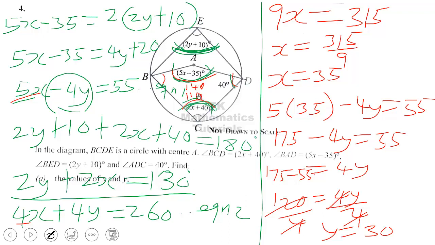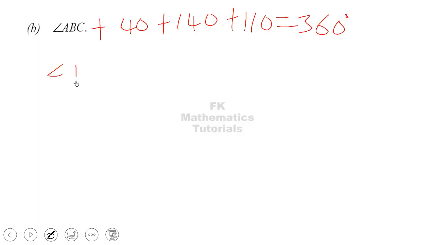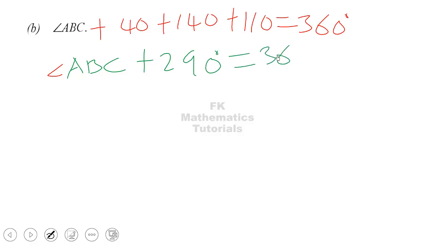So angle ABC plus 40 plus 140 plus 110 should be equal to 360 degrees. 140 plus 40 is 180, plus 110, that'll give you 290, equal to 360 degrees.